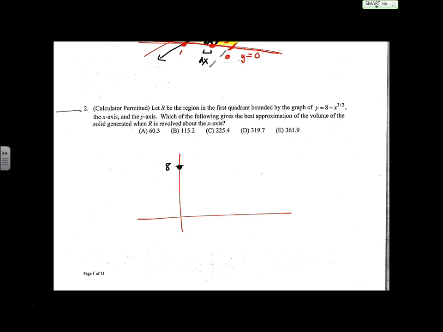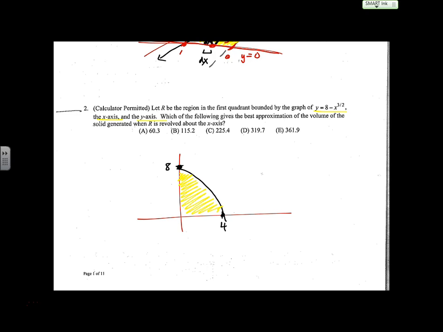It would be 8 to the 2/3, which would end up being 2 cubed to the 2/3, or 2 squared, which I think is 4. And then we have some sort of parabolic swoop going down. Good. The area in between that function, and it said the x-axis and the y-axis, so in this case we got that guy, that guy, and that guy, and that's the area contained between.